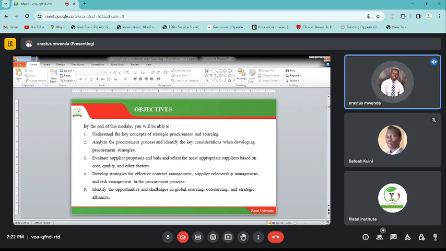Now, what are some of the reasons for the evolution of a strategy? When you are talking about evolution, it simply means the aspects of strategic planning are changing day in, day out. The demand from customers, the demand from suppliers is changing day in, day out.